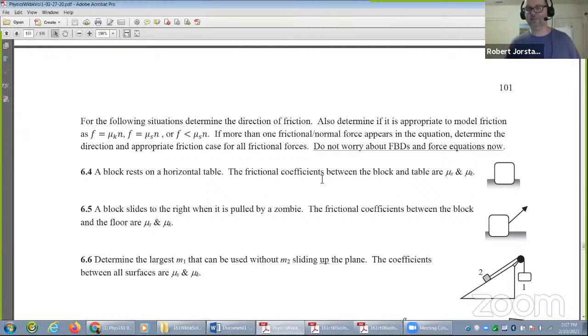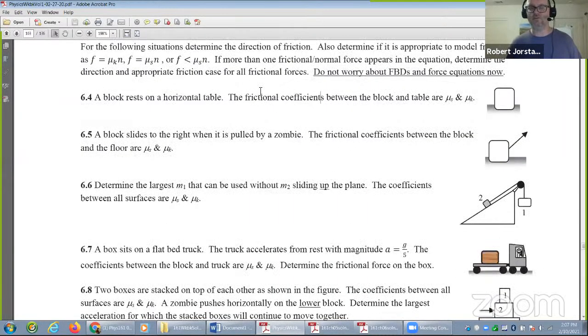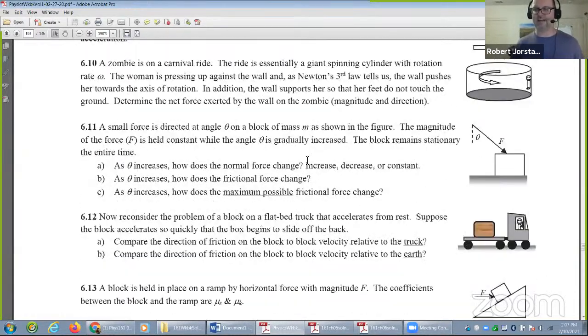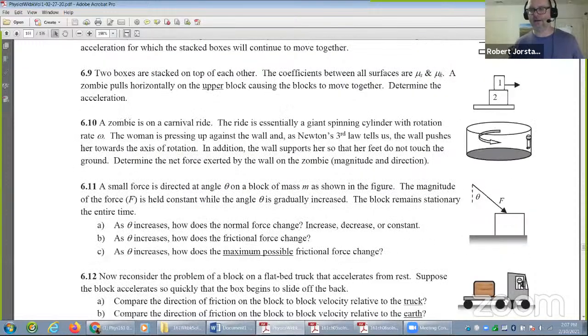Some of these I deliberately left vague, so I don't want you to waste a lot of time on these. I want you to read, take your guess, check the answer. Don't write anything down, just read it and check. And when you do that, these represent a large number of the types of problems we're going to see in this class.